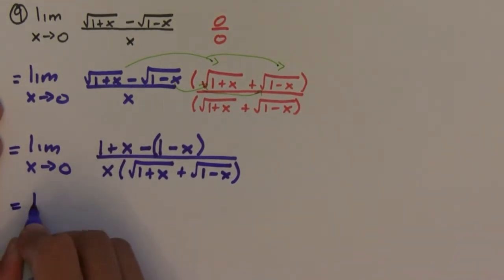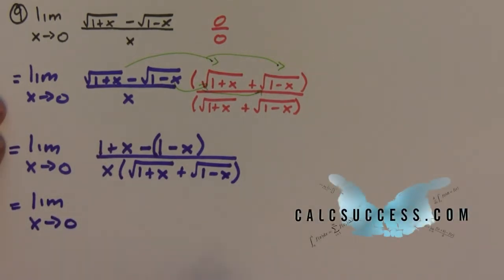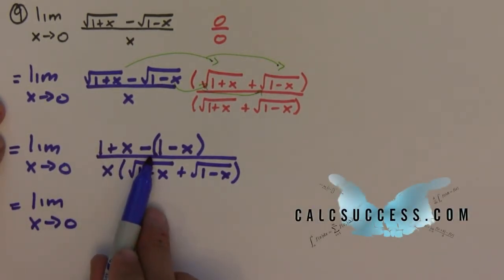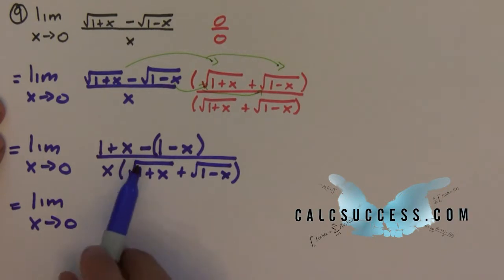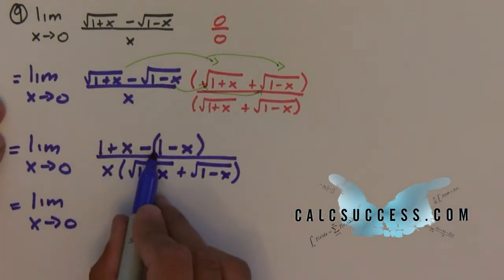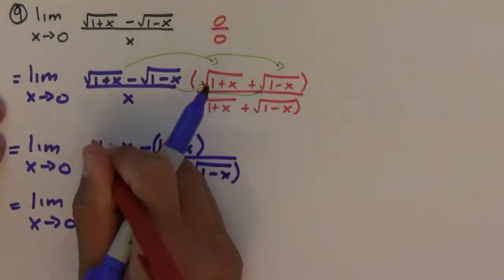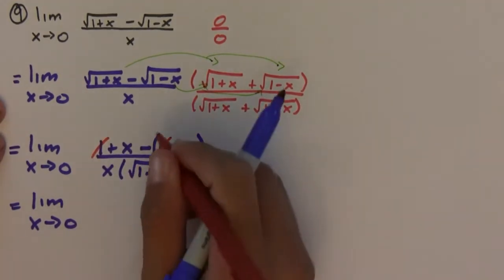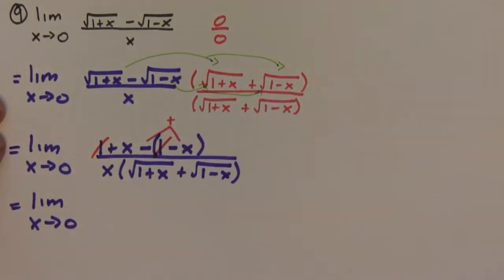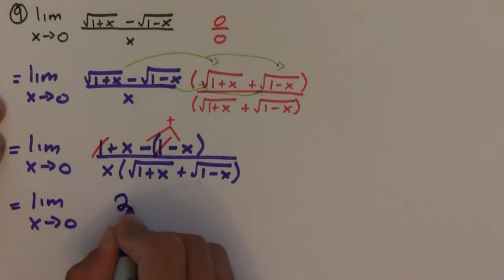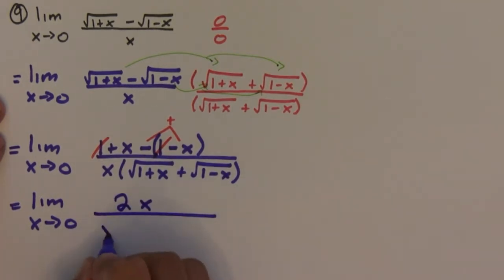Okay, and so what ends up happening is that I have the limit as x approaches 0 of 1 minus 1, so the 1's are going to cancel, and I have x minus a negative, so these two turn into a positive, so I'm going to have 2x on the numerator. On the denominator I have the same thing.